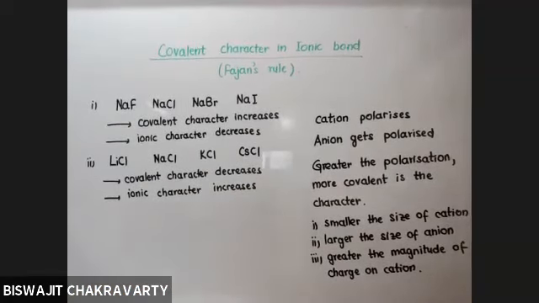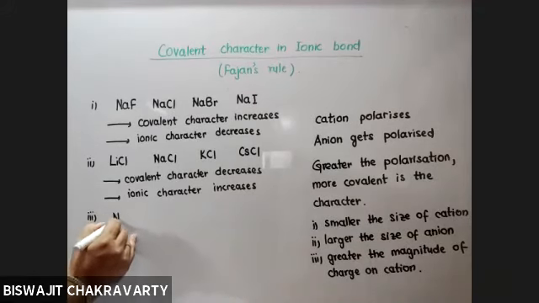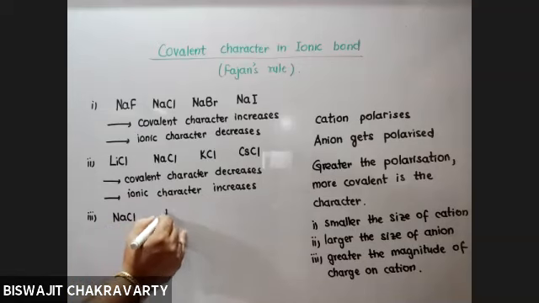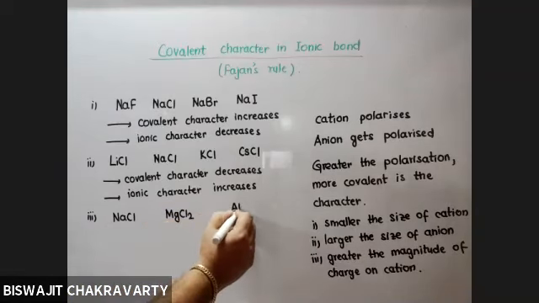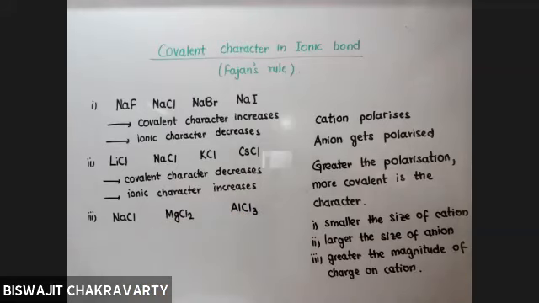Now come to the third example. Sodium chloride, magnesium chloride, aluminum chloride. In all of them, who is common? Anions are common. Cations are not only different, but they have different charges as well, isn't it?